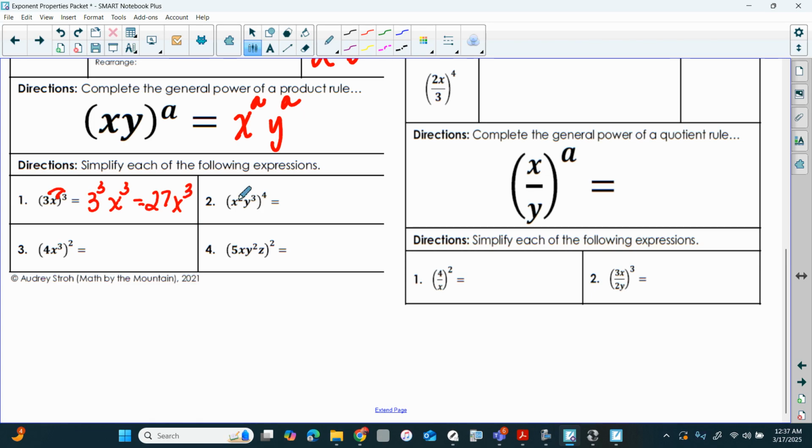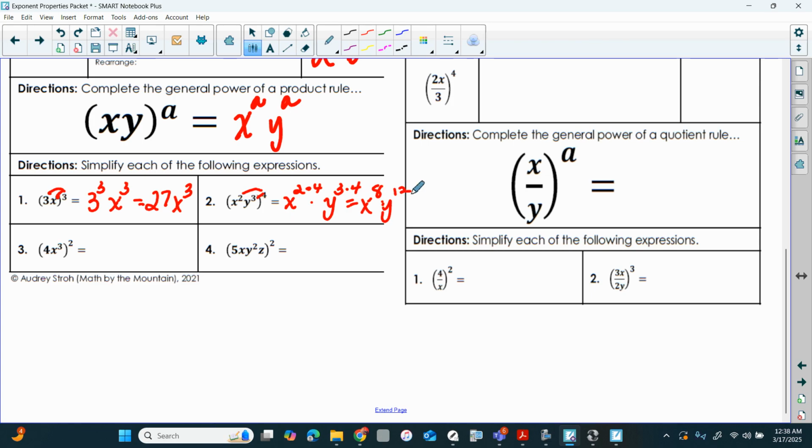Now, if there are already exponents inside of here, we still do our power rule. So this x already has an exponent of 2. Now I'm multiplying that exponent of 4 to that when I distribute that one. And then I'm doing y to the third power, but then I'm multiplying that 4 to that exponent. So this gets simplified to x to the 8th power, y to the 12th.